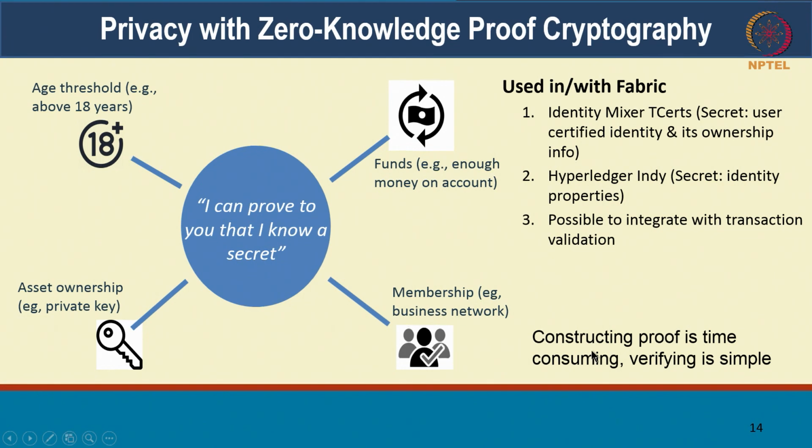And an important property of these zero knowledge proofs is that the proof is actually time consuming to create. Even with the private information, it's going to be very hard. It's computationally intensive for the owner of the information to construct the proof, but verifying the proof is very simple. So the verification can be done by a large set of independent parties.